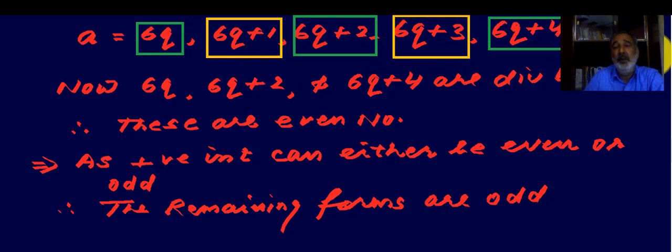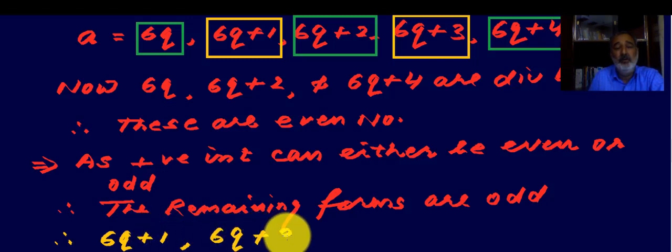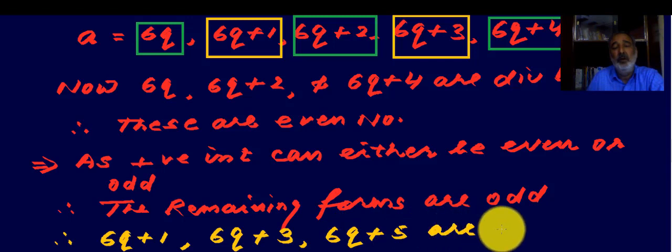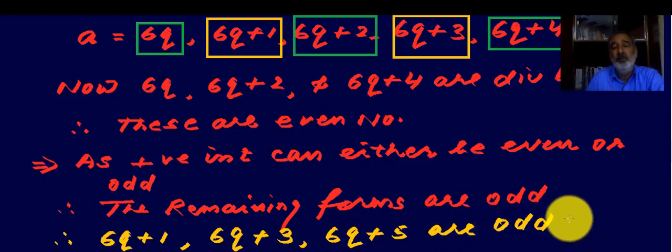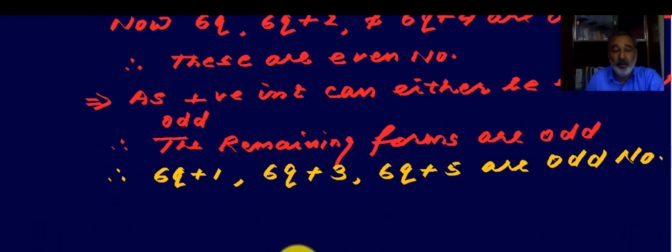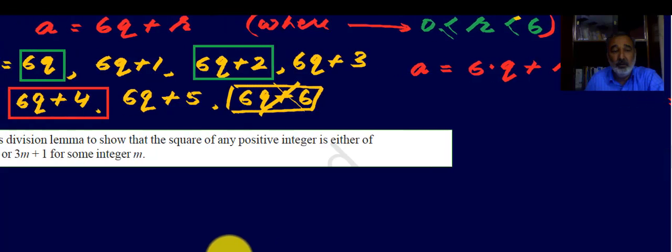So you have to write them down here. Therefore, 6q plus 1, 6q plus 3, and 6q plus 5 are odd numbers. I think this process is now clear to all of you.